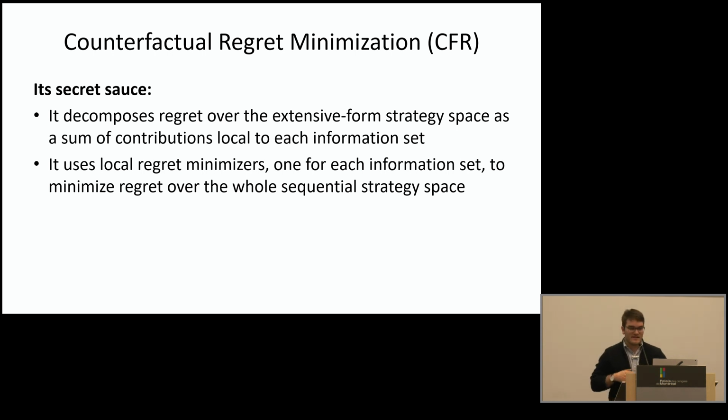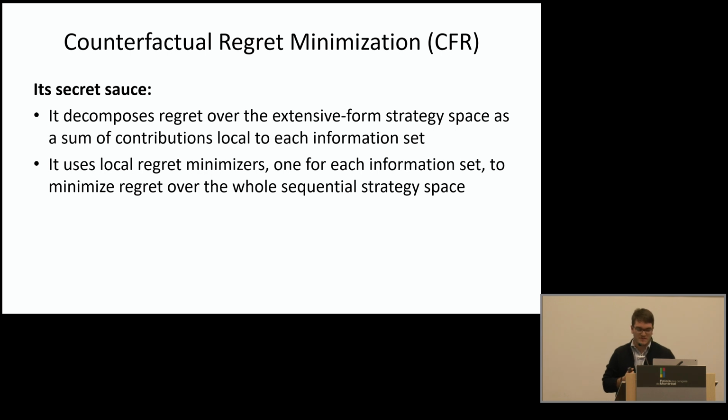And in a way, this is like the typical divide and conquer type of approach, where we have the regret on the whole structure, we divide it into individual regrets, and then we let individual localized regret minimizers deal with those localized notions of regrets until the output you can prove has low regret, right? So divide and conquer.